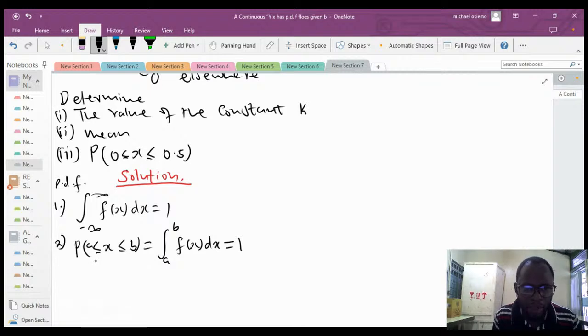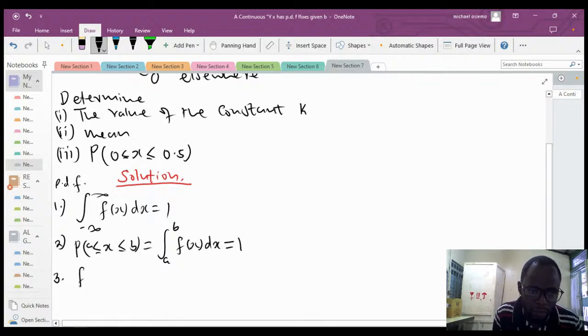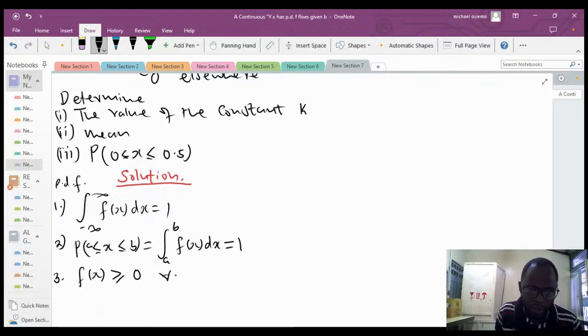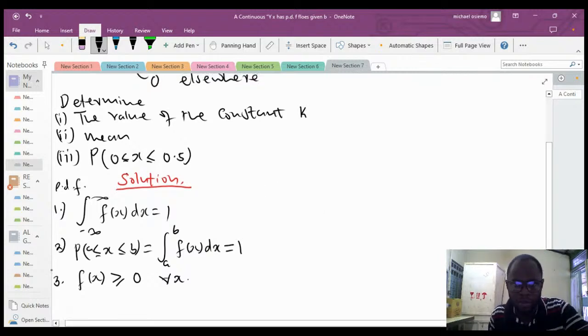We also have a third condition: f of x must be positive for all values of x. So we can proceed with our question.